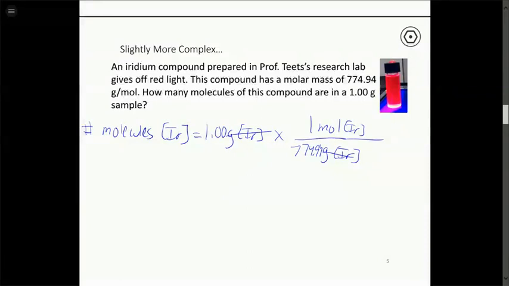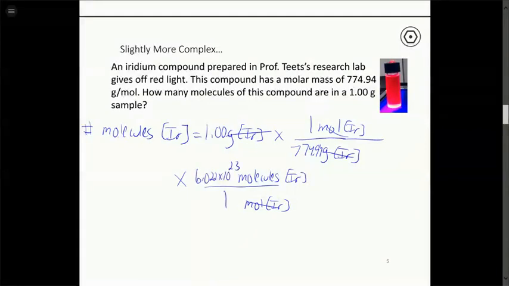But now we want to know how many molecules there are. This will give us moles, but remember 1 mole is 6.022 times 10 to the 23rd of whatever entity makes it up. So if we want to find the number of molecules, we want the moles to cancel. And so we have to use Avogadro's number in the numerator.